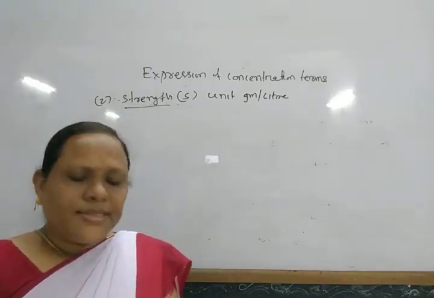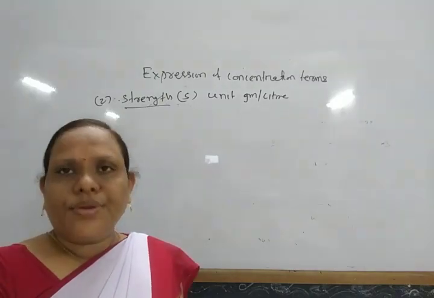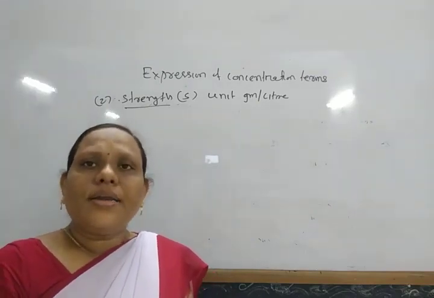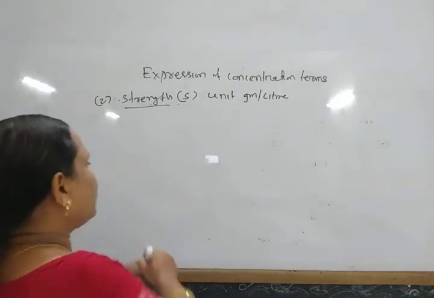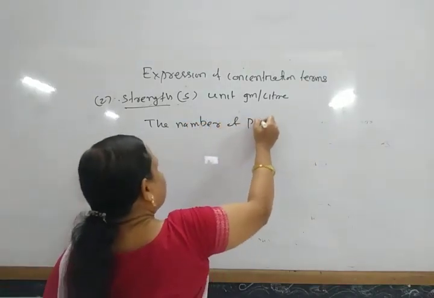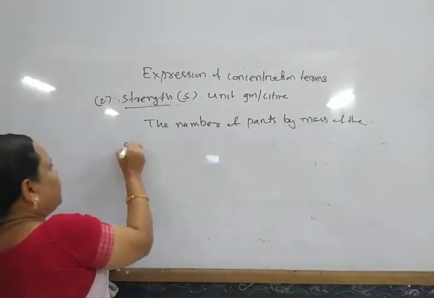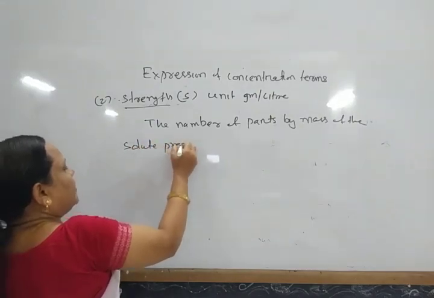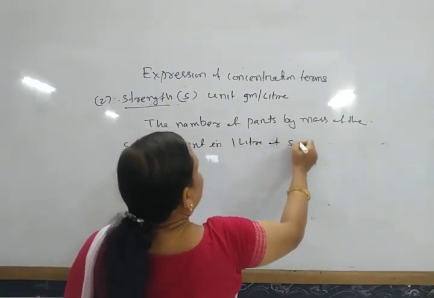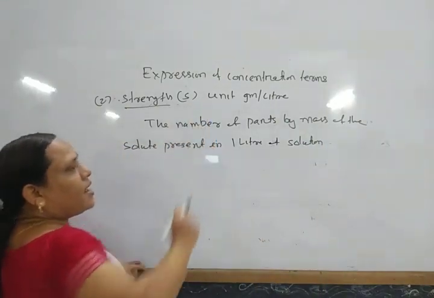Okay, so the number of parts by mass of the solute present in 1 liter of solution is known as strength. So its unit is grams per liter.